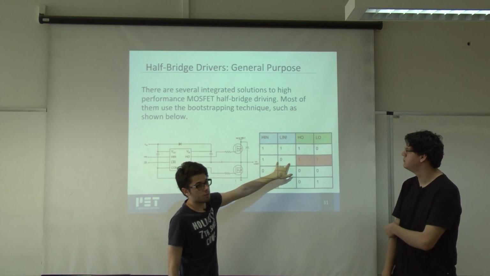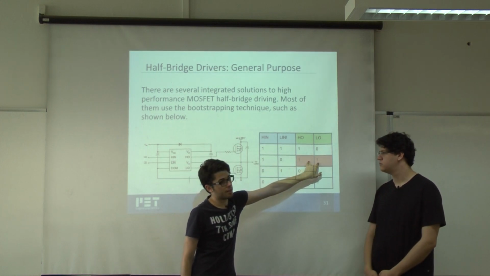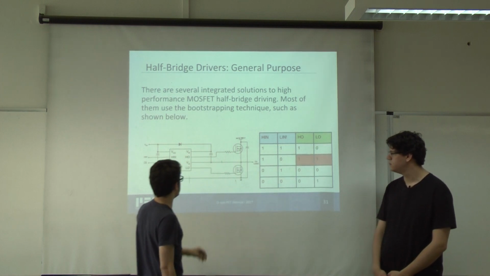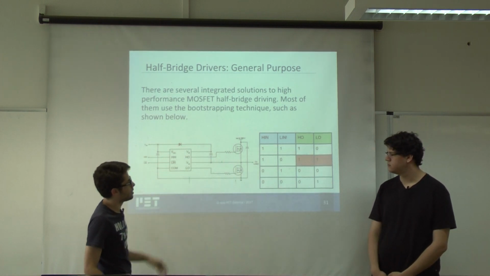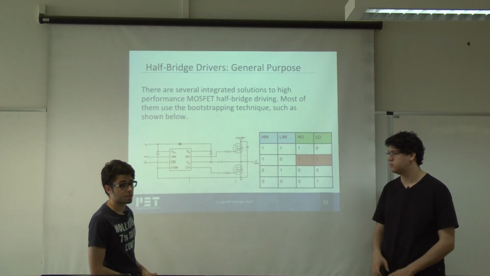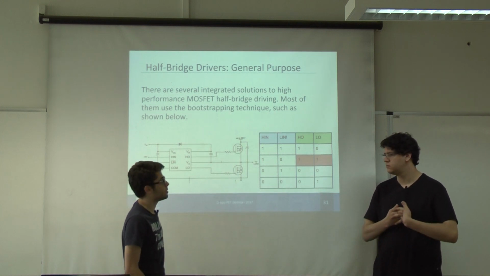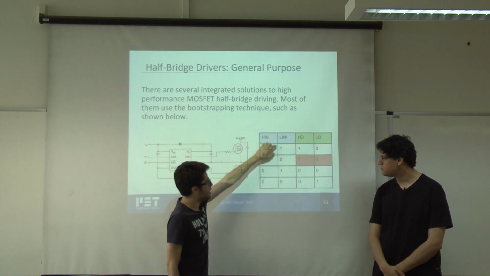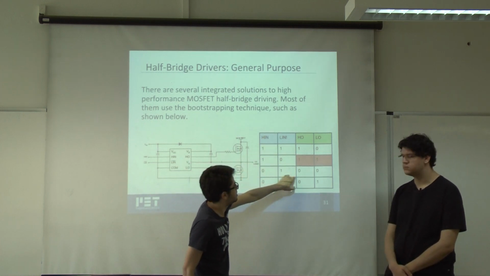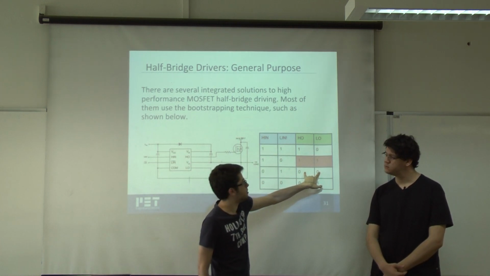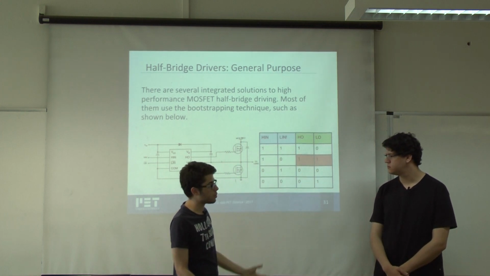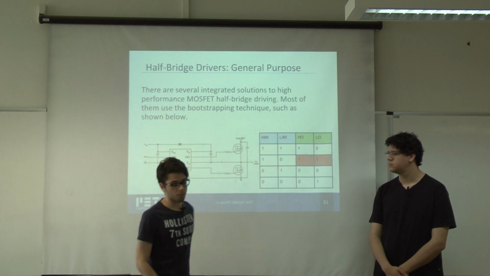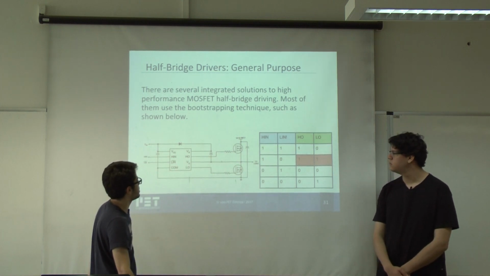If you do this, you have the denied one. You can't actually do this. So with this driver you have to take care with the logic, but you can do whatever you want with the logic also. So this is when you do nothing or you want to brake, and this is the other way that the motor will rotate.